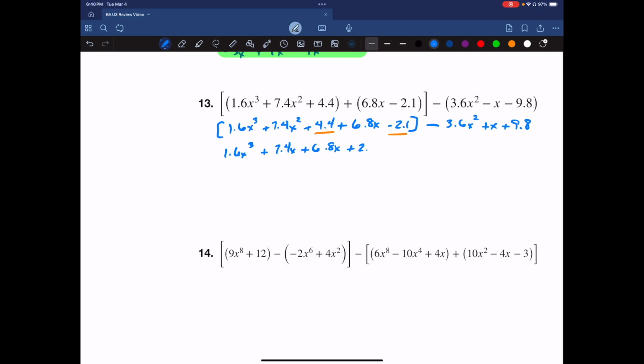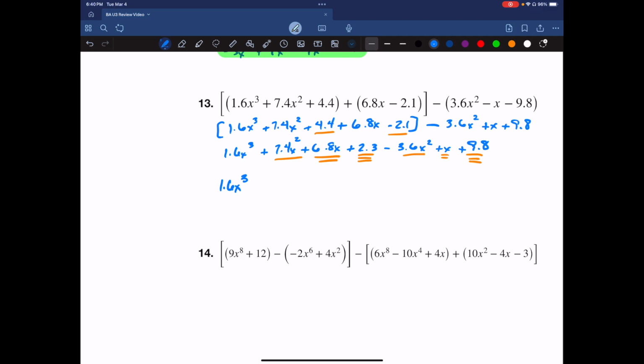So plus 2.3 minus 3.6x squared plus x plus 9.8. All right. Find your like terms. So I only have one x cubed, so I don't need to write that. I have a square here, a square there. I have an x, constant term, constant term. So since 1.6x cubed didn't have anything to go with it, it just comes down.